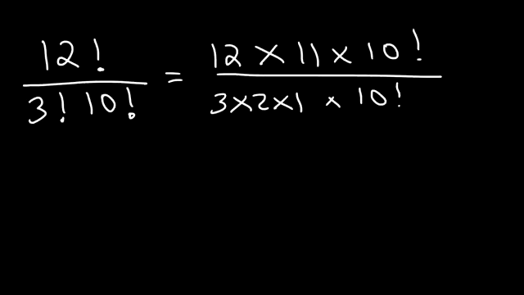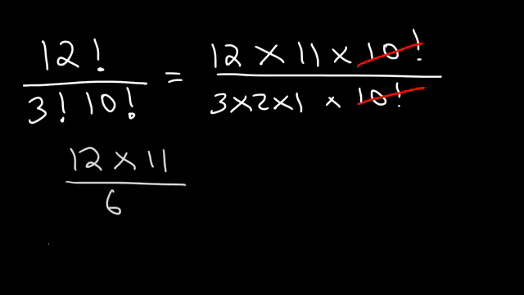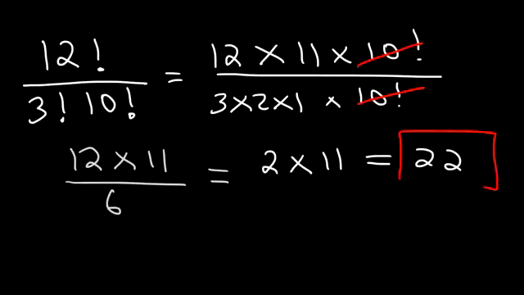And let's cancel 10 factorial. Now 3 times 2 is 6. And 12 divided by 6 is 2. So we got 2 times 11. And so the final answer is just 22. And that's it.